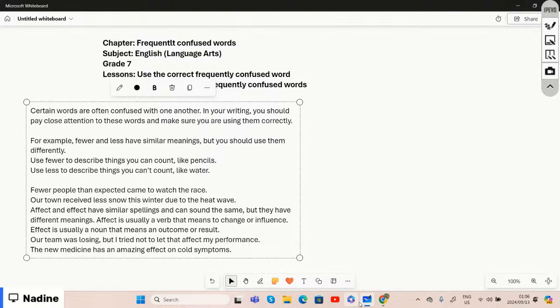And the lessons that we are going to be focusing on under this chapter are to use the correct frequently confused words and to correct errors with frequently confused words.